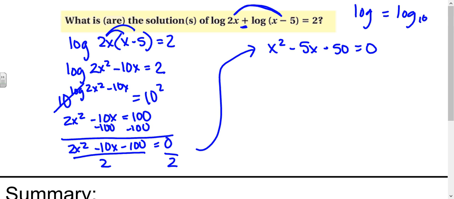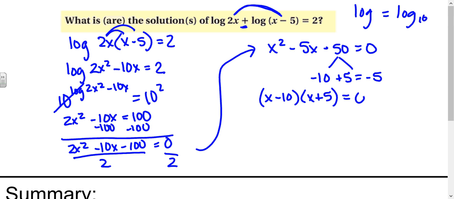So then I can find factors of negative 50 that add to equal negative 5. So I could do 1 and 50, I could do 2 and 25, I could do 5 and 10. So the 10 would have to be negative in order to make negative 5 when I add them together. So then I get x minus 10 and x plus 5 equals 0.